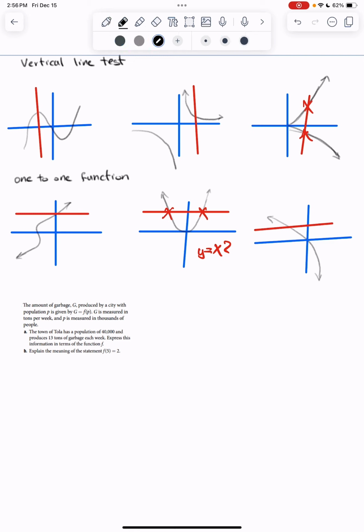It says the amount of garbage, G, produced by a city with population P is given by a formula. G is equal to f of P. So G is the amount of garbage. And the next line says G is measured in tons per week.